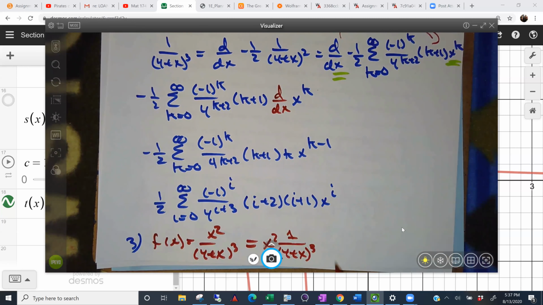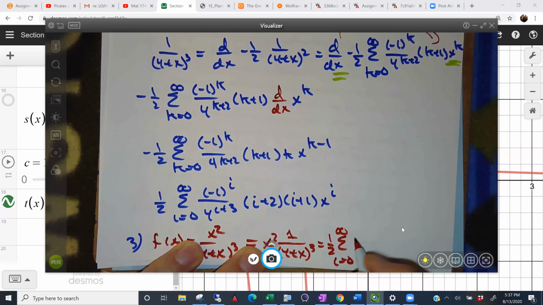So the overall series, and I hope I have enough room for this, sum from i equals 0 to infinity of -1 to the i over 4 to the i plus 3 times i plus 2 times i plus 1 times x to the i plus 2 power.